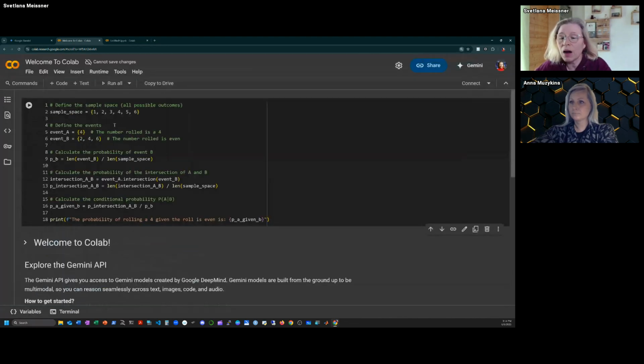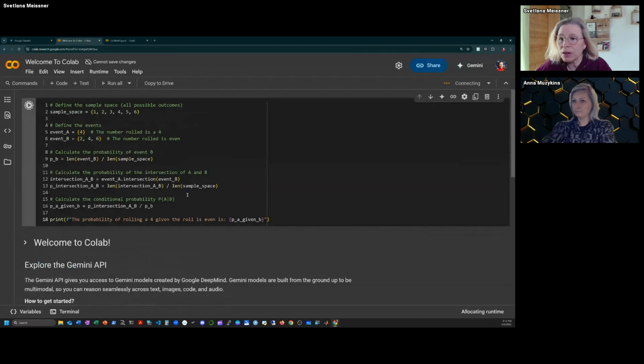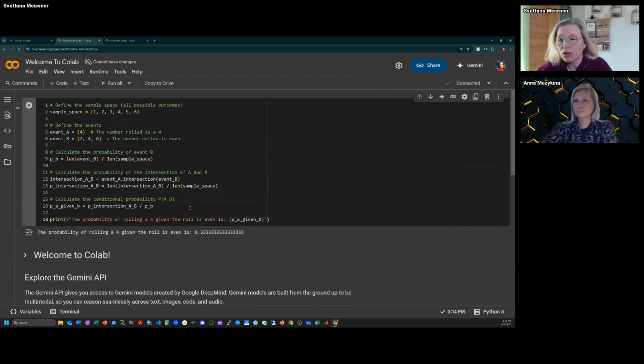So this cell is here. I'm running this cell to get the probability, this conditional probability that we will get 4 in case that we are rolling an even number. Here we print this probability, and we are using this equation again.